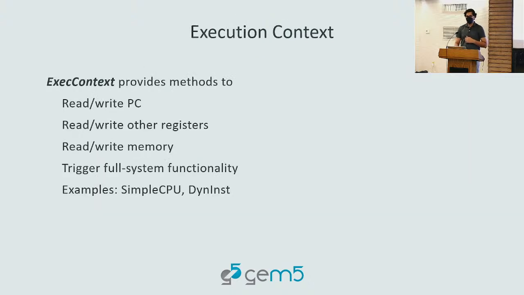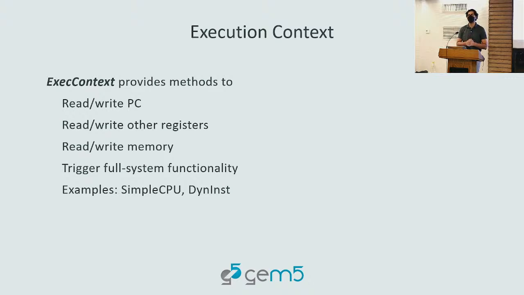So going back to the execution context that we talked about previously, it's the interface between the instruction and the CPU. So the execution context allows an instruction to access the CPU state, right? As you can imagine, to access the CPU state, an instruction might want to access the program counter at some point.